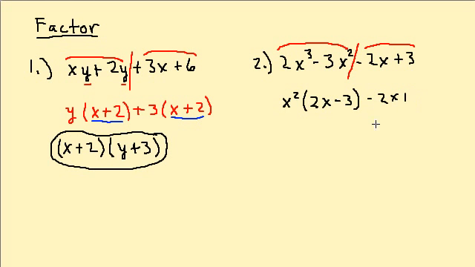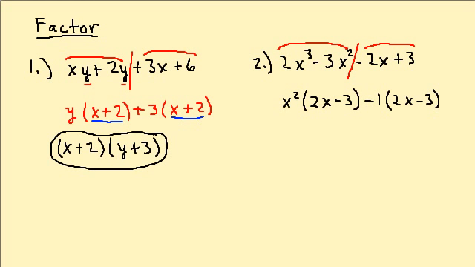So what I want to do is I want to factor out a negative 1. And if I factor out a negative 1, it changes the sign of each term. So that will be a positive 2x, and the plus 3 will change to a minus 3.